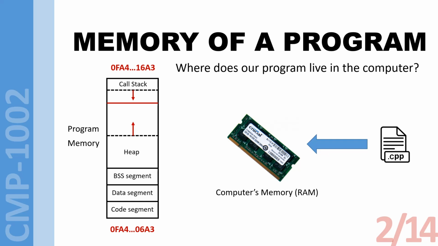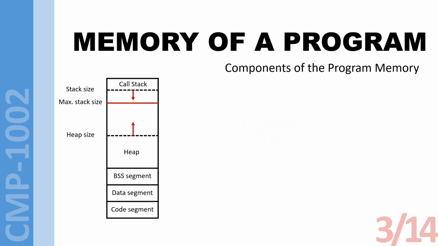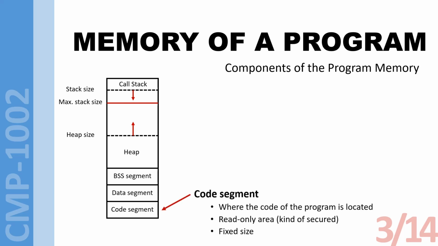Let's briefly look at the three segments first of all. The code segment is where the code of the program is located. When your executable is copied into the RAM, the actual code, all the declarations, the ifs, the for loops, the function declarations, classes, all of them are located in the code segment.